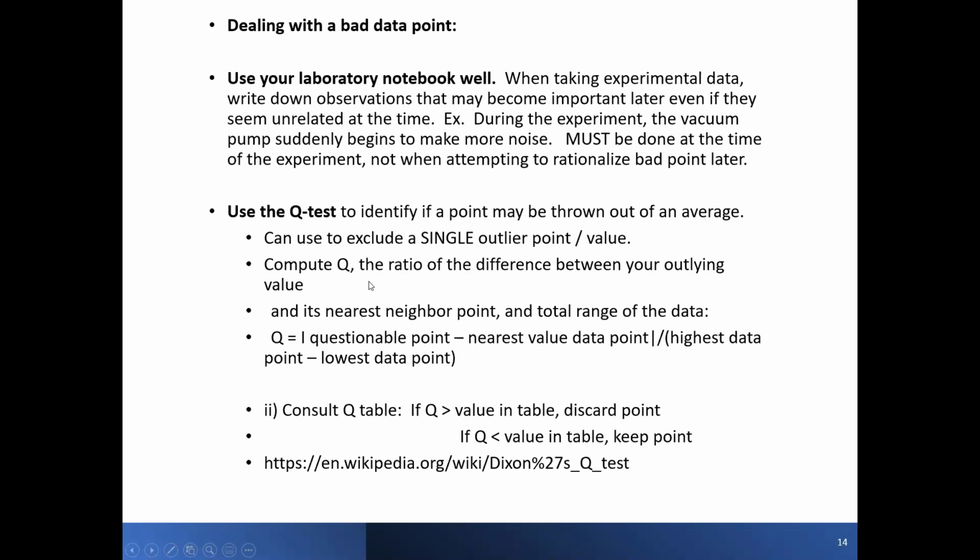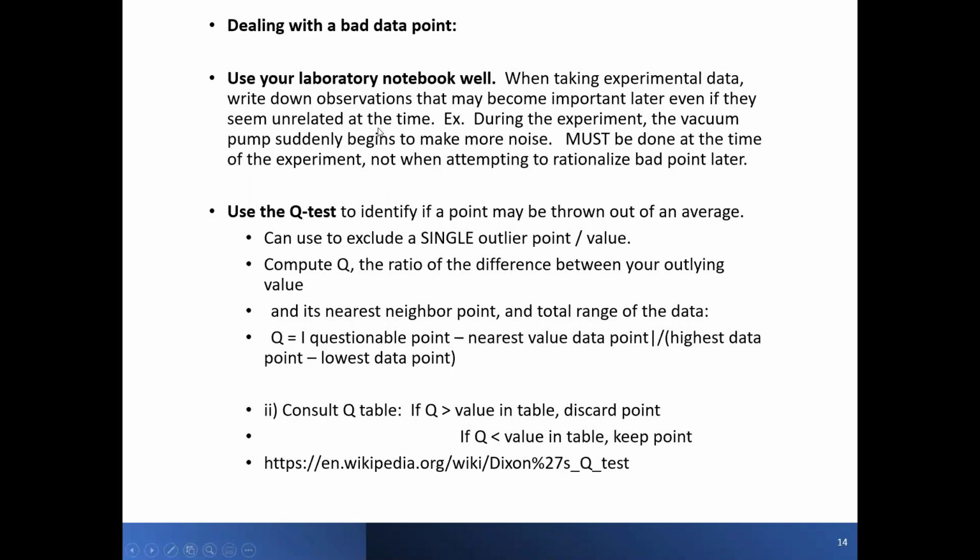Well, when you suspect there is a systematic error, what do we do? The first thing is usually to use your lab notebook. You probably wrote down something abnormal when you took that data point. If you have something written, you can make your judgment that that particular data point should be taken off, because something abnormal happened during the experiment and probably caused the data point to be off.